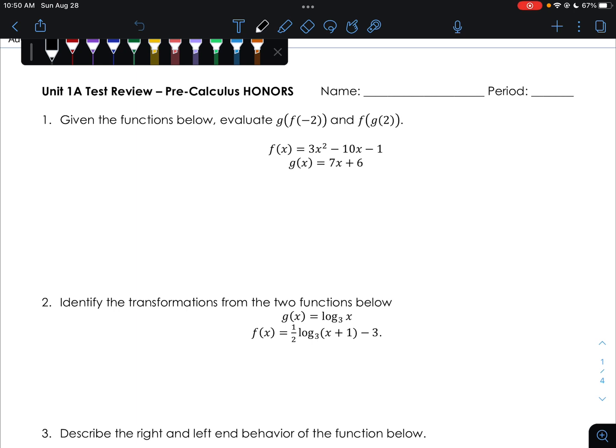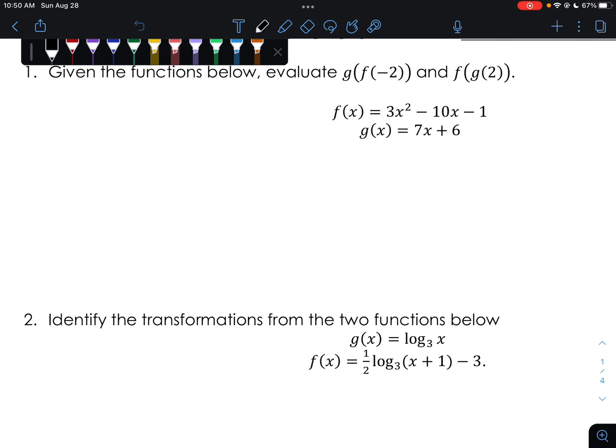So looking at question 1, given the functions below, evaluate g of f of -2 and f of g of +2. So we're going to start with this first one right here. So I have g of f of -2.